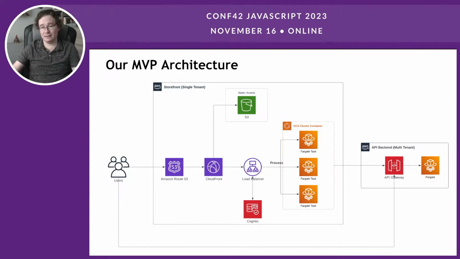We had it deployed on AWS. The React application was running on a Fargate cluster, and in front of the load balancer, we had a CDN. And also, we had our static assets, not only JavaScript, but also images of products hosted on S3 that we could serve to the users.